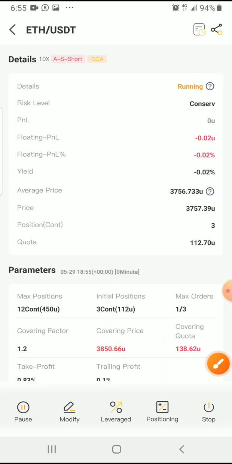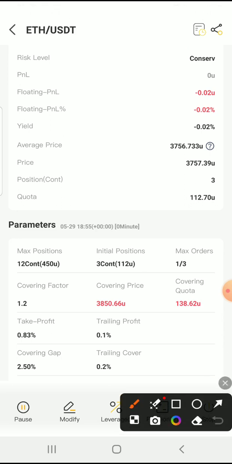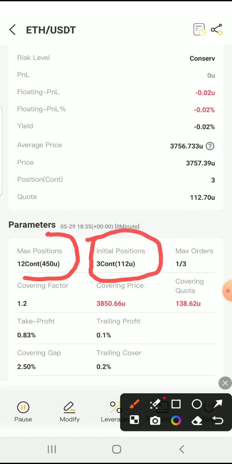Now let's just go inside and see what happens. As you can see here, our initial position is 3 contracts, which is equivalent to what? 112 USDT.